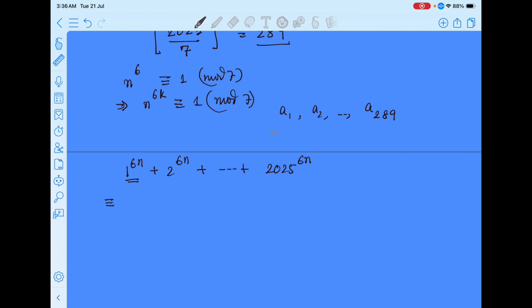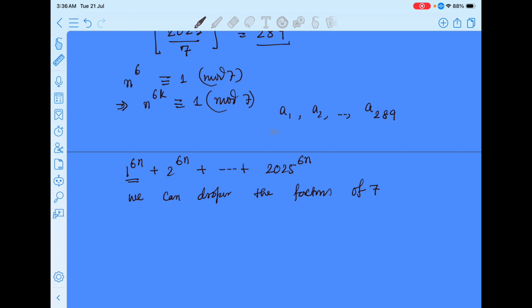So 1 to the power 6n is congruent to 1, 2 to the power 6n is congruent to 1, and so on. So we can drop the multiples of 7.